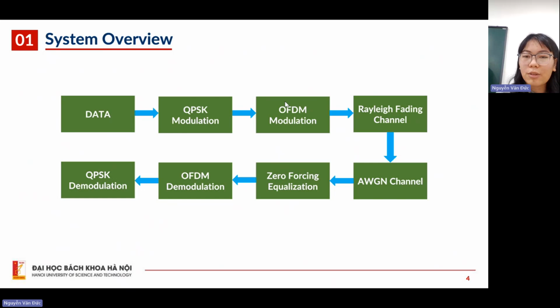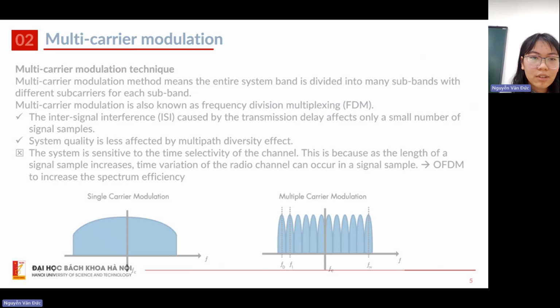This signal will go to the OFDM modulation and go through the Rayleigh fading channel and AWGN channel, and after that, the signal goes into the zero forcing equalization, the OFDM demodulation and QPSK demodulation to recover the initial signal.